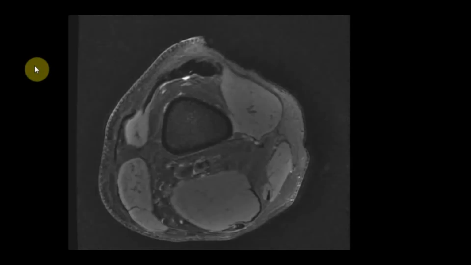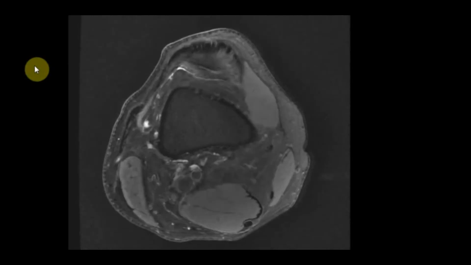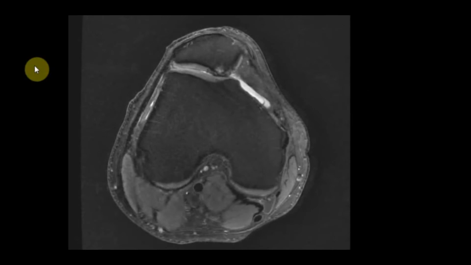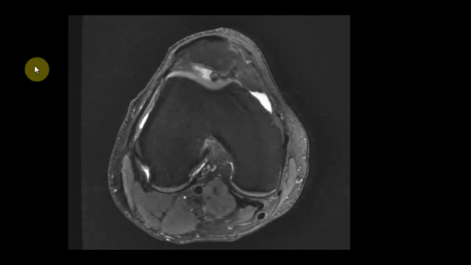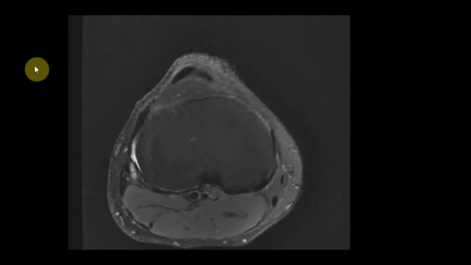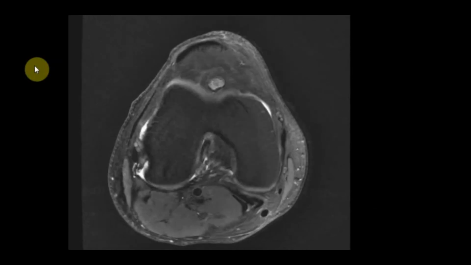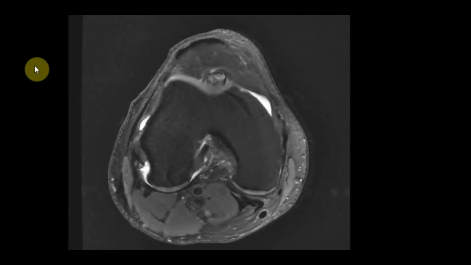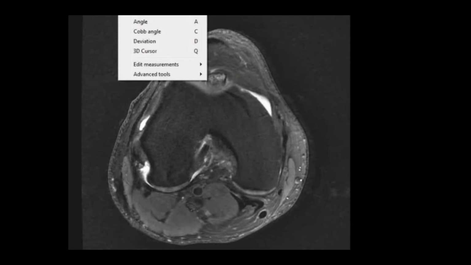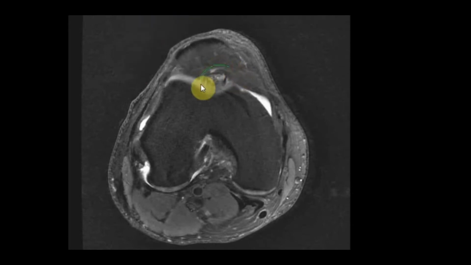This is a case of a 26-year-old male who presented with chronic patellar instability. So let's see this case. This is axial PD fat sat, and we can see that there is a loose body here, just inferior to the patella.